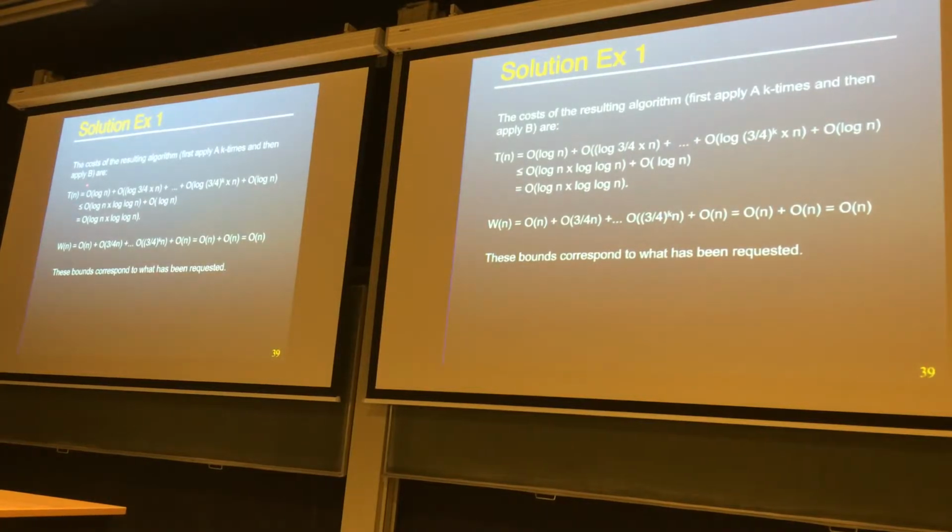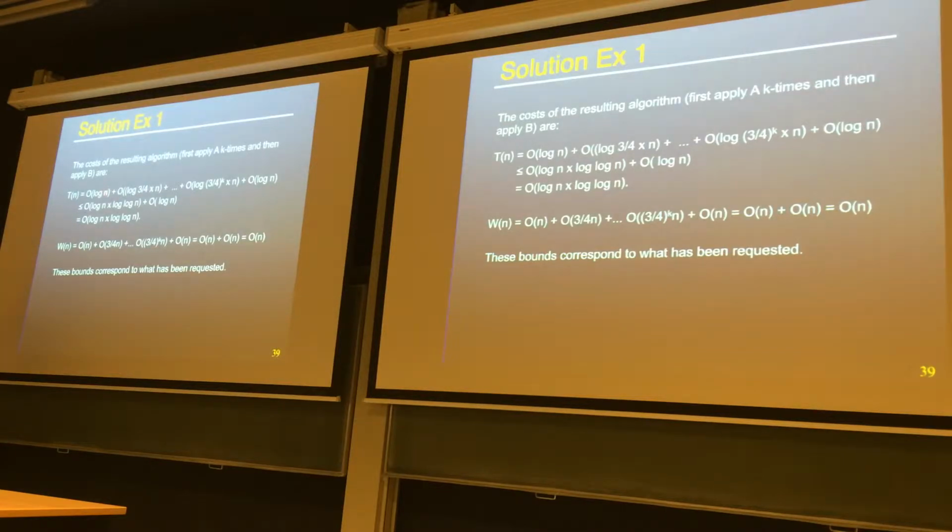That's the time needed for B, plus the time needed for A. We already know what B costs, that's the O of log n. The time needed for A, well, the profile was the log of the input. That determines your cost for reducing.